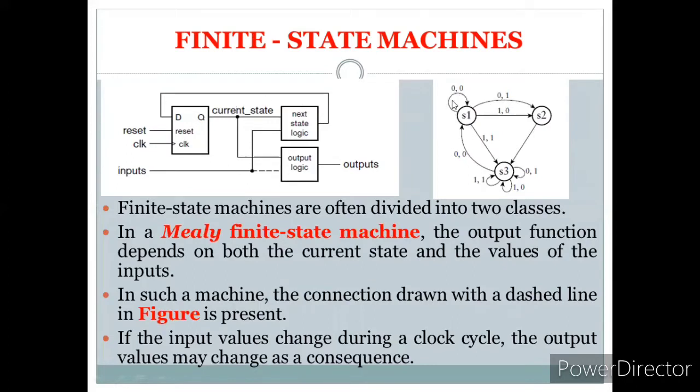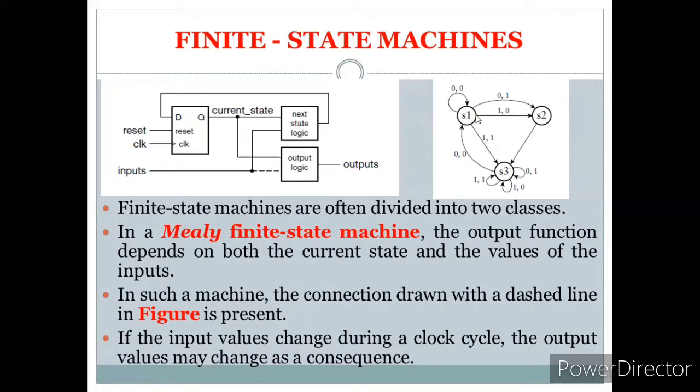In this figure, if it is the initial condition and the input is 0, it will remain in the same state or move to another state. It will decide depending upon the state; here S1, S2, S3 are the respective states.